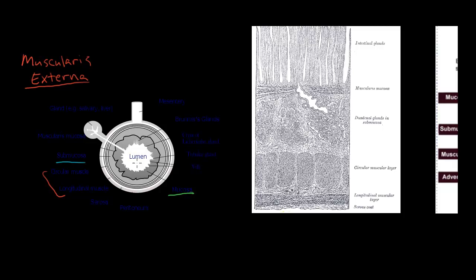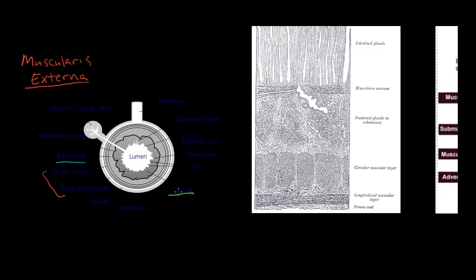It could be a blood vessel, it could be the GI tract, anything. So the lumen is in the middle, and it's where all the food passes through, and if it's a blood vessel, it's blood and plasma. And as we move out, we'll cover the three different layers.